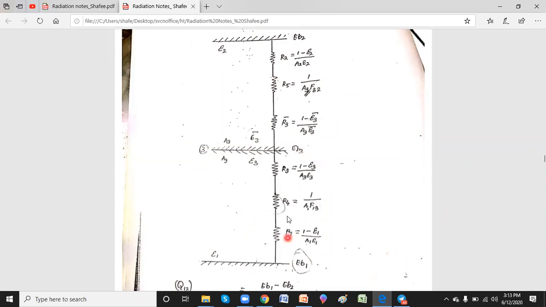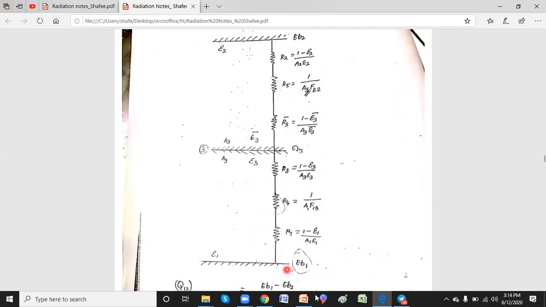Now as usual, R1, R4, R3, R3 bar, R5, R2, as we discussed just now. What are the resistances? Obviously R1 is one surface resistance, R3 is another surface resistance, R3 bar is one more surface resistance, and R2 is one more surface resistance. So find out all the resistances.